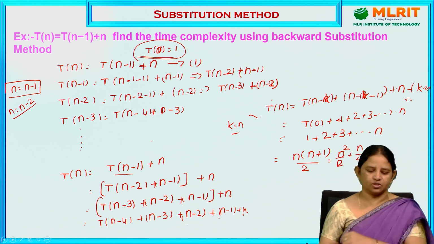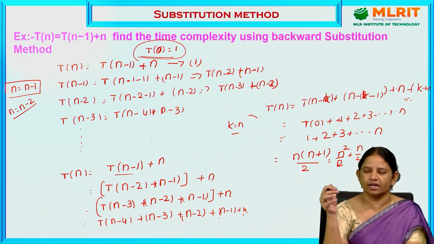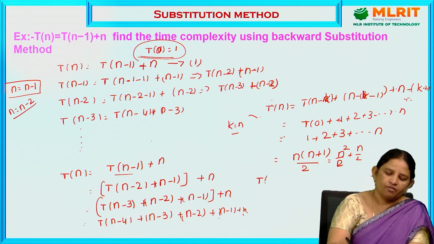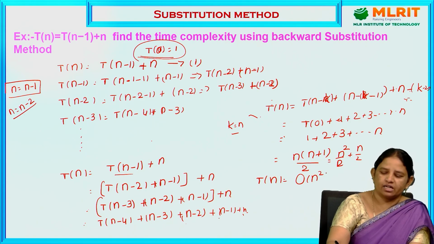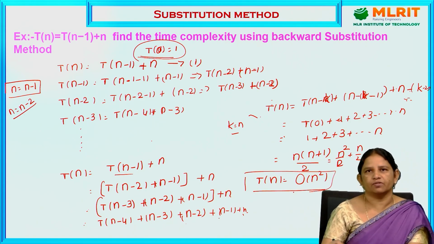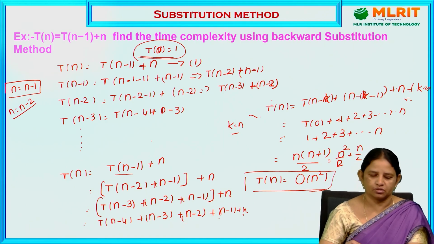So we substitute; this process is repeated for k values, then we'll get the equation as big O of n square is the time complexity. Whether we are using forward substitution or backward substitution, we'll get the same thing, that the time complexity is big O of n square.